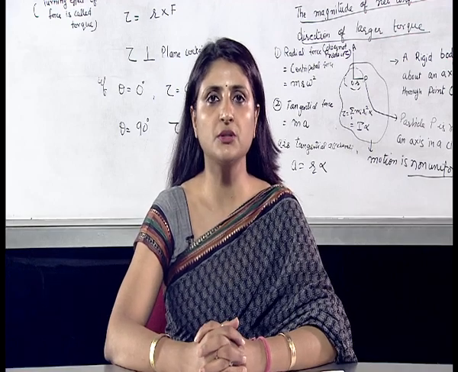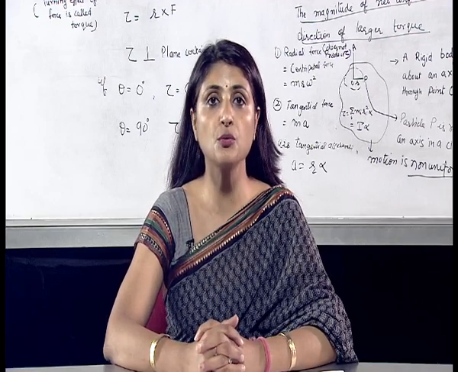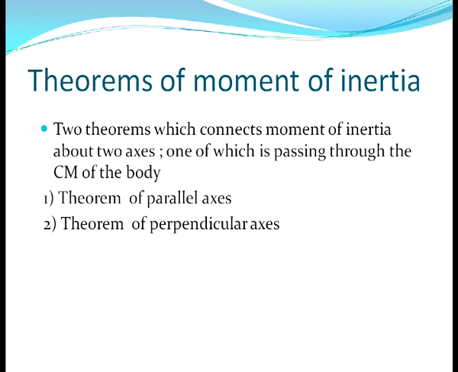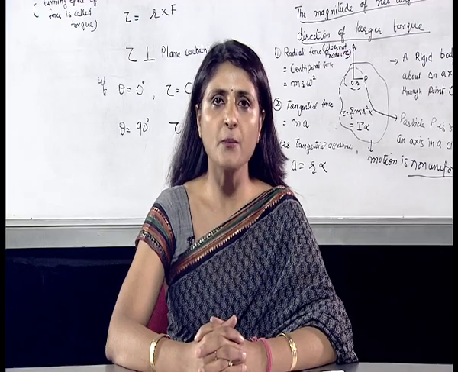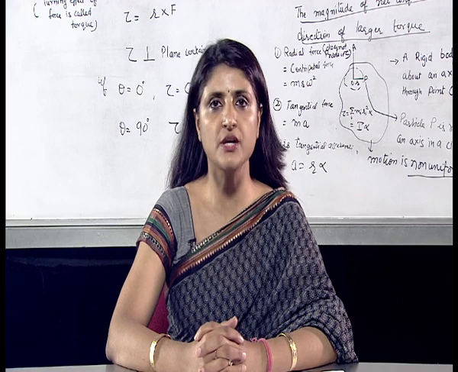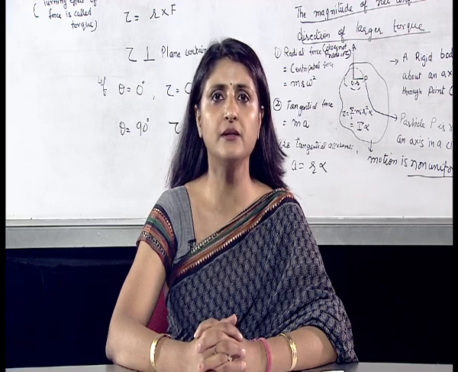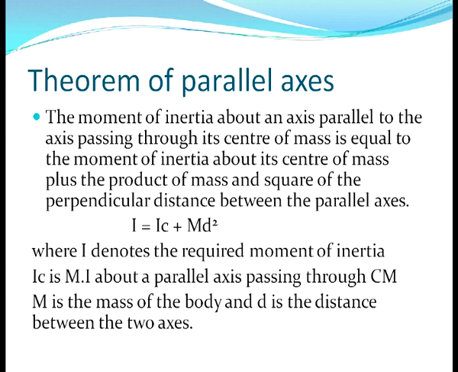Now we will discuss the theorems of moment of inertia. There are two theorems which connect the moment of inertia about two axes, one of which is passing through the center of mass of the body. The first is the theorem of parallel axis, and the second is the theorem of perpendicular axis. The theorem of parallel axis: the moment of inertia about an axis parallel to the axis passing through its center of mass is equal to the moment of inertia about its center of mass plus the product of mass and the square of the perpendicular distance between the parallel axes.